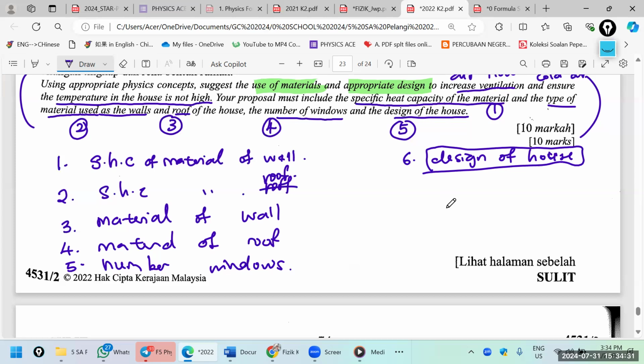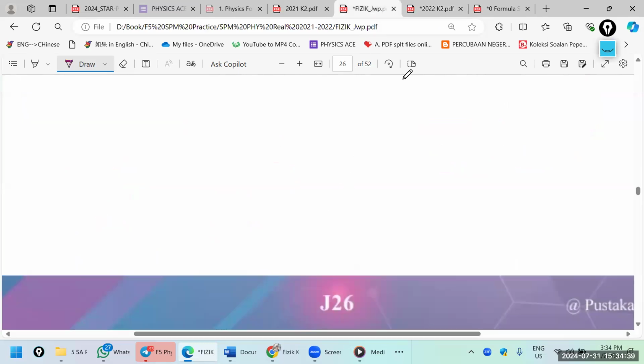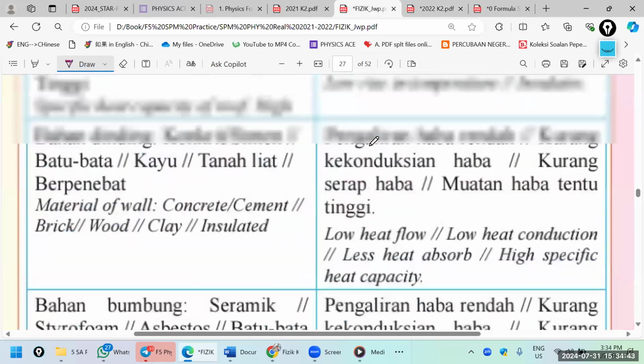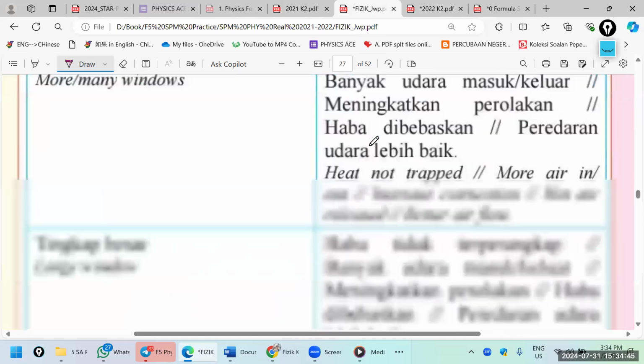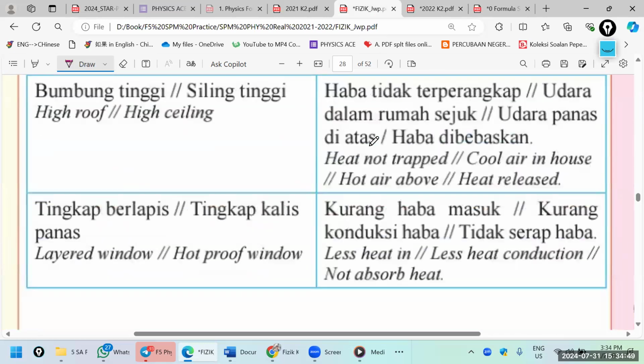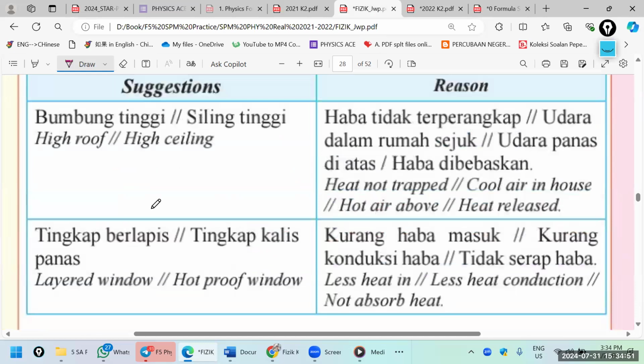The answer is high design. Their answer is high roof or high ceiling.